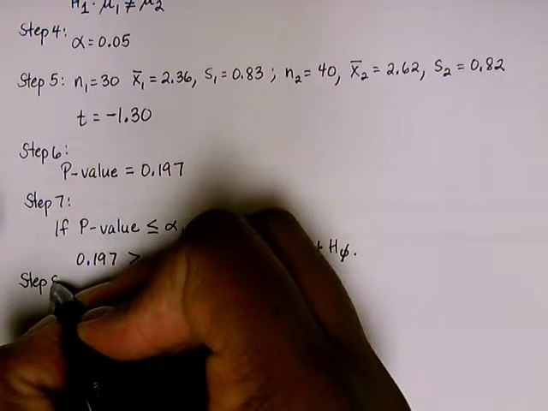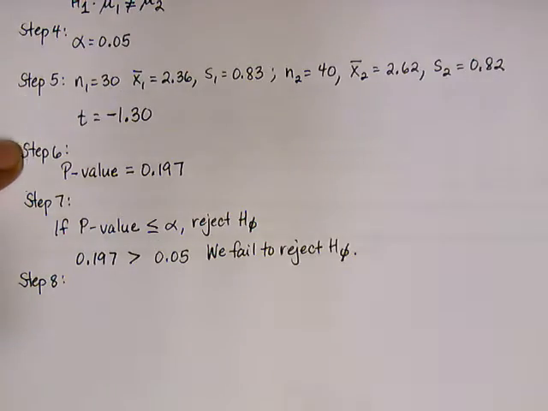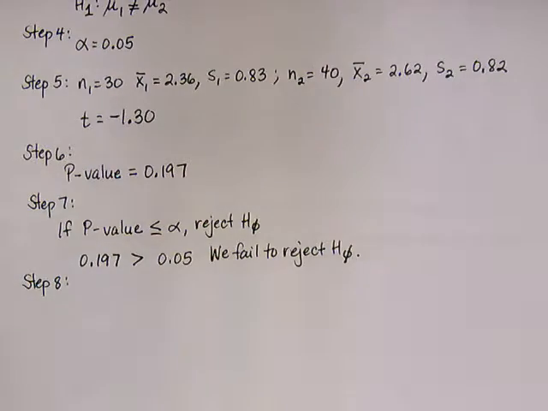And then step number 8 is the conclusion, written in simple non-technical terms. Now, the claim is the null, and we fail to reject the null.